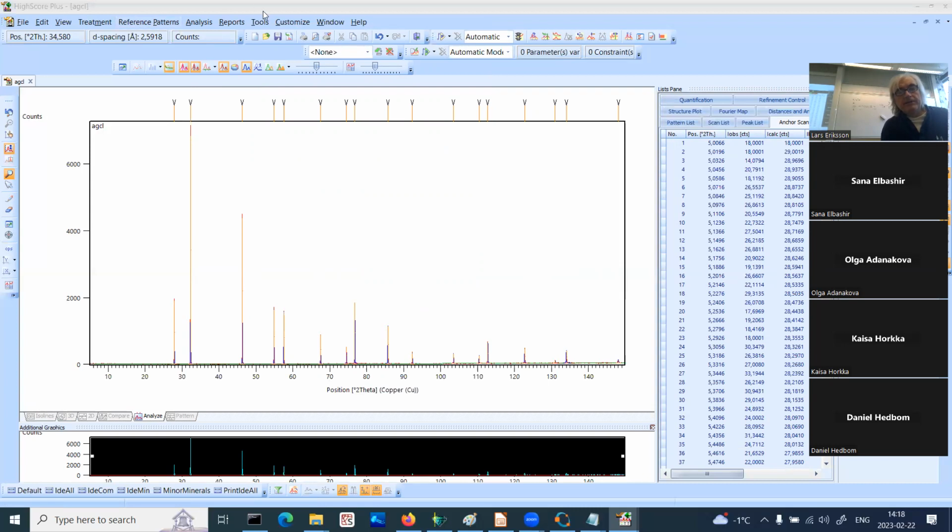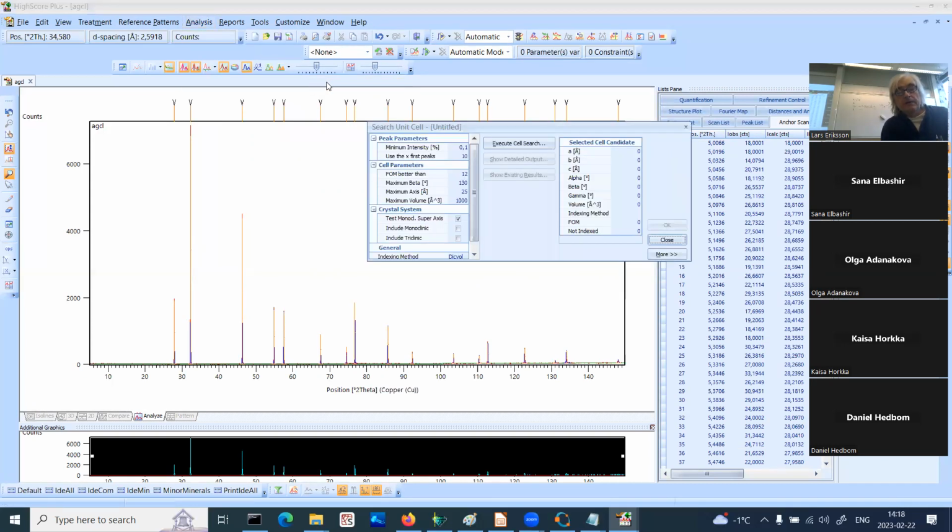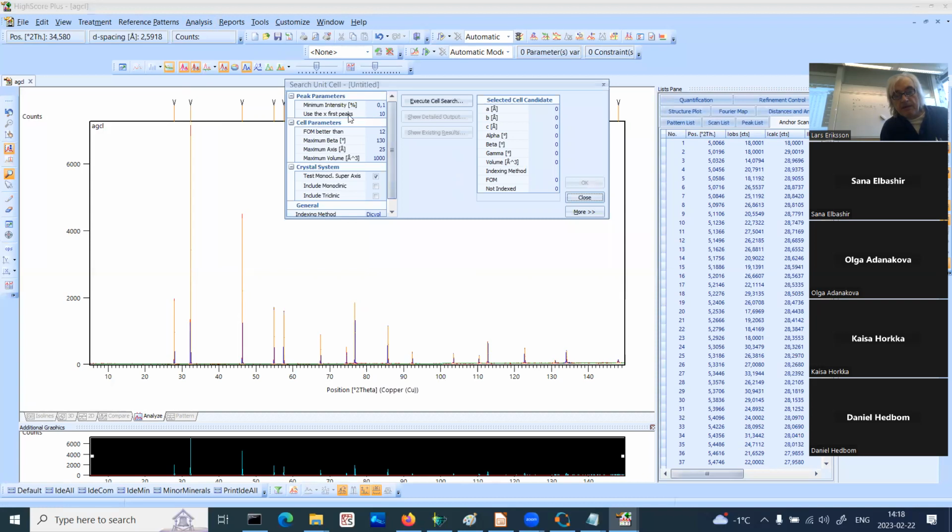And now in HiScore there is Analysis, Crystallography, and Search unit cell. And in this search unit cell there are some parameters here: cell parameter tested, indexing method, DICVOL it says.